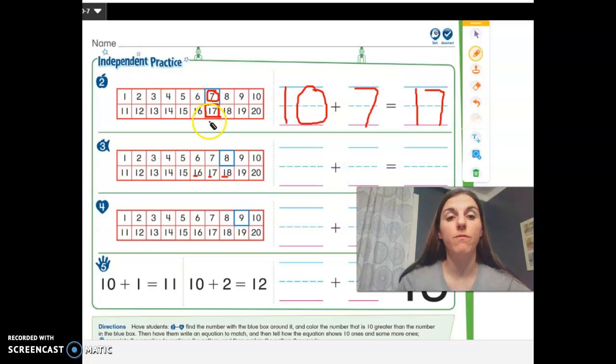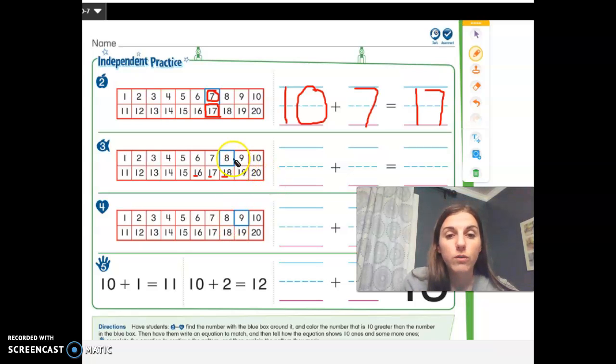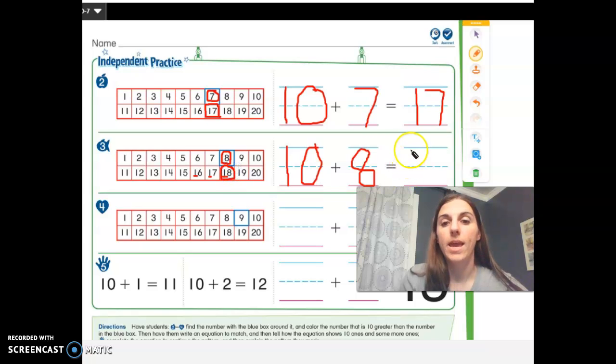But the first number shows how many groups of 10, and there's one group of 10 in all our teen numbers. So if we look right here, our ones here, so if we have 10 plus 8 more, what's that going to give us? We start at 8, and what's 10 more? 18.